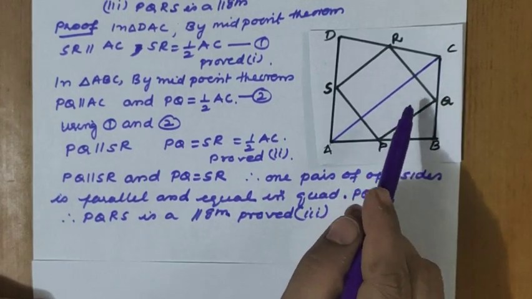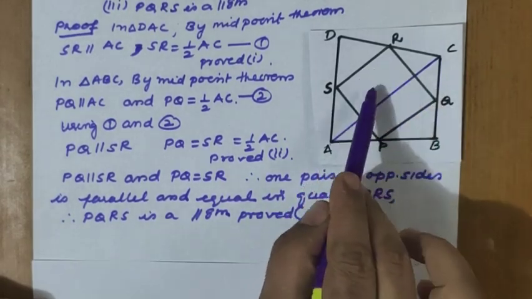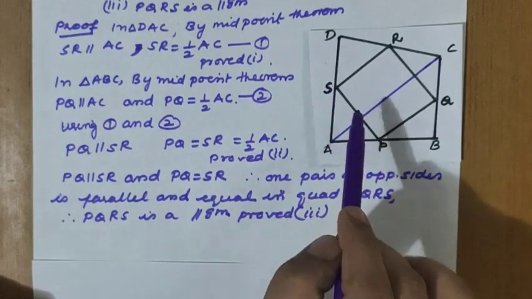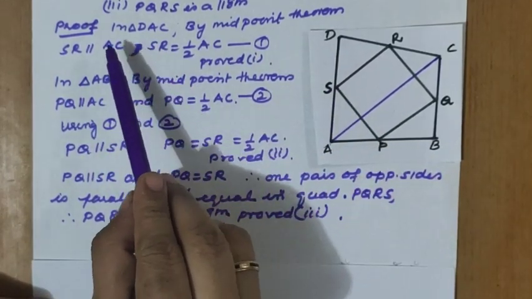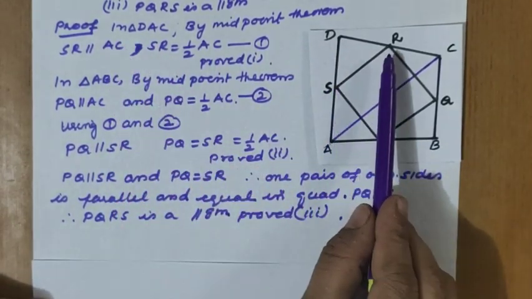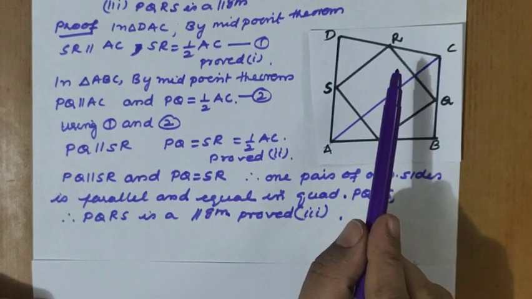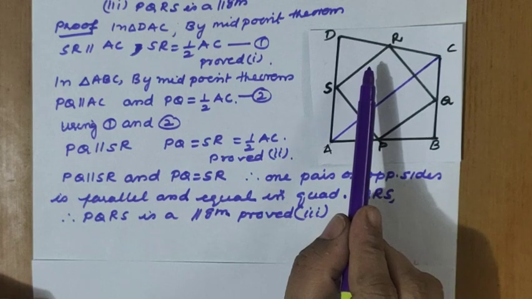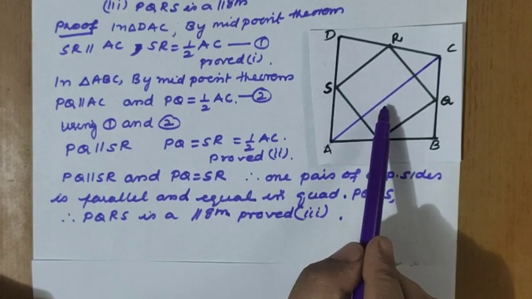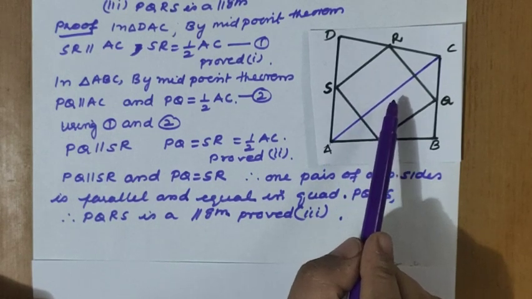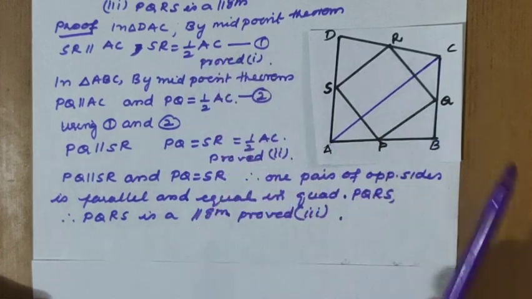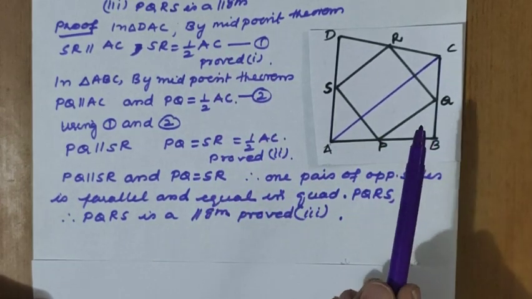After joining the diagonal, we get two triangles. The first triangle is DAC. SR are the midpoints of the sides DA and DC. By the midpoint theorem, SR is parallel to the third side, that is SR parallel to AC and SR equal to half of AC. We have proved the first part very easily.